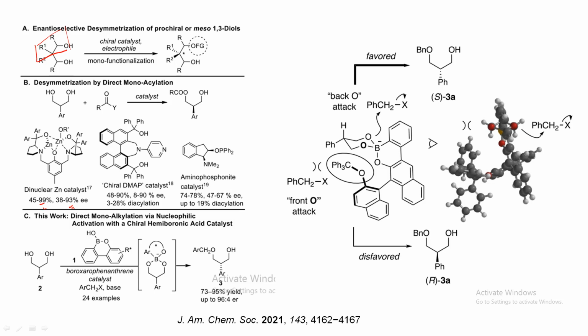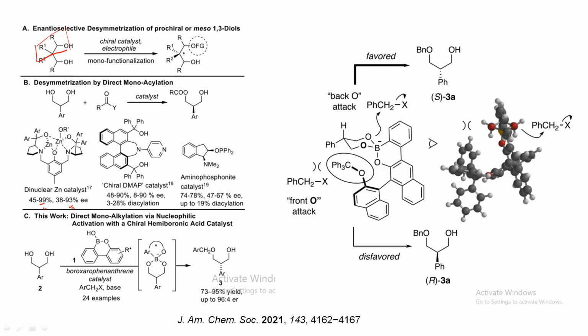So they have used this kind of borane based reagent, and with a dihydroxy compound it would generate this type of borate in situ, followed by attack on this kind of electrophilic system, and they make this molecule with up to 92% enantiomeric excess.